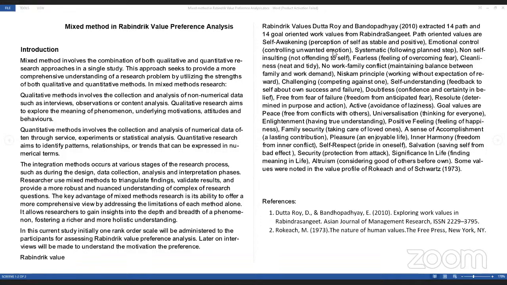Next is Rabindric value, another para. Dattoray and Bandyopadhyay in 2010 extracted 14 path and 14 goal-oriented work values from Rabindra Sangit. Path-oriented values are self-awakening, that is perception of self as stable and positive. Emotional control, that is controlling unwanted emotion. Systematic, that means following planned steps.